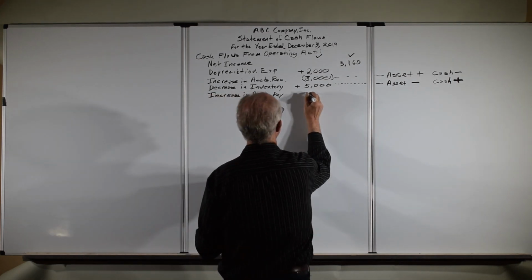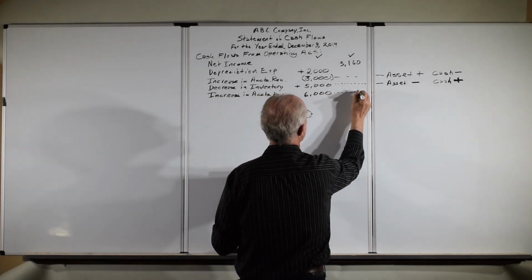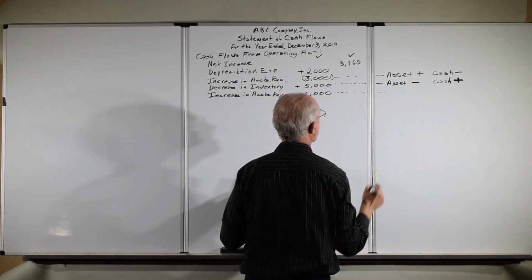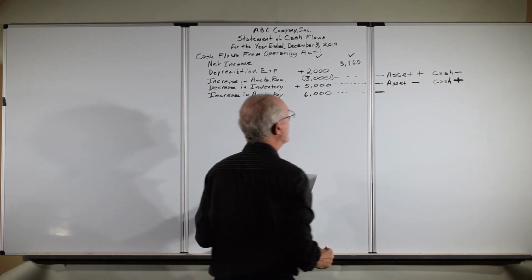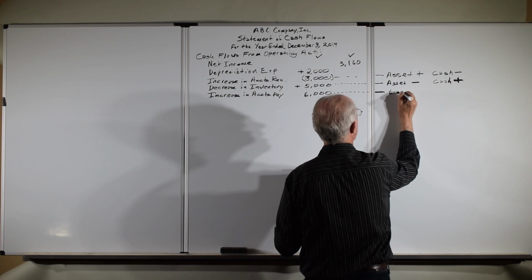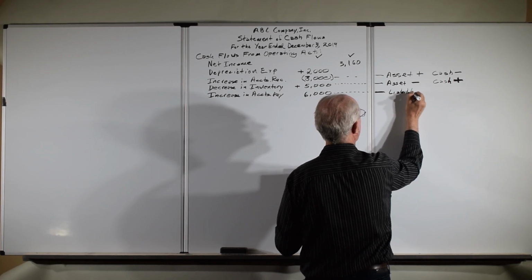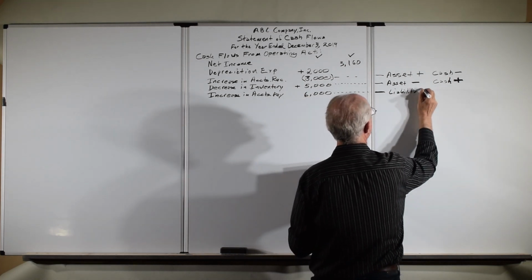So let me put the number here, $6,000. Some side thoughts on this: we've got a liability that increased.